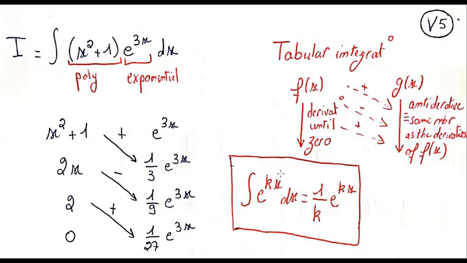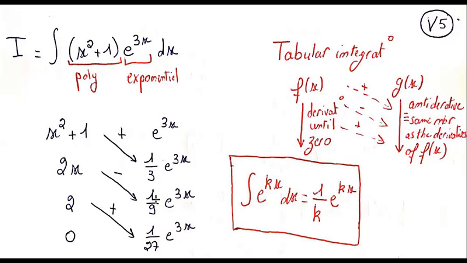And I'm using this rule to integrate e^(3x), because the integral of e^(kx), where k is a scalar, a number, dx, is 1 over k e^(kx). So the antiderivative of e^(3x) is 1/3 e^(3x).